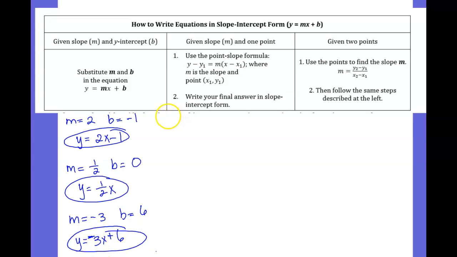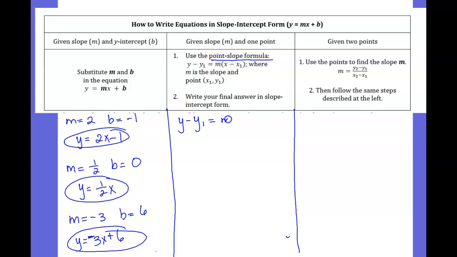All right, so what we're going to learn today is a new form. We did slope-intercept form, but now we're going to use a form called the point-slope formula. So it's y minus y1 equals m times x minus x1. How that works is if you're given a slope, say the slope of 4, and a point, maybe my point was (2, 4), an ordered pair, this would be considered my x1, and this is my y1. All we're going to do is plug it into the point-slope formula.